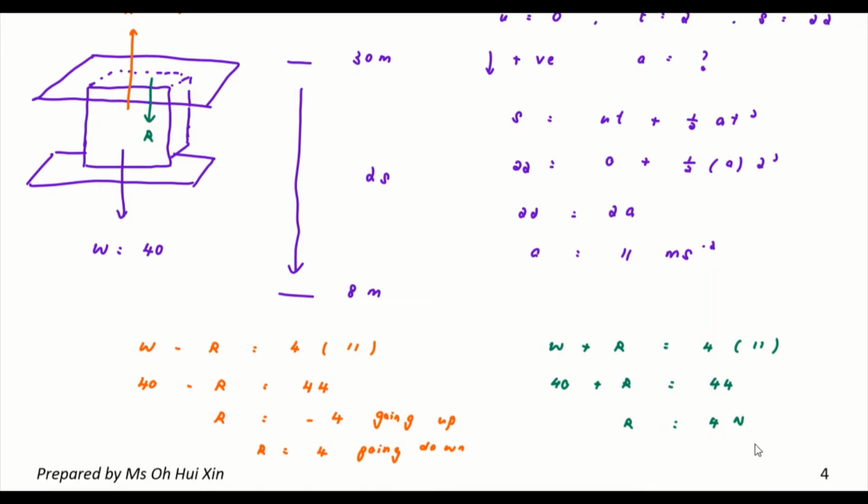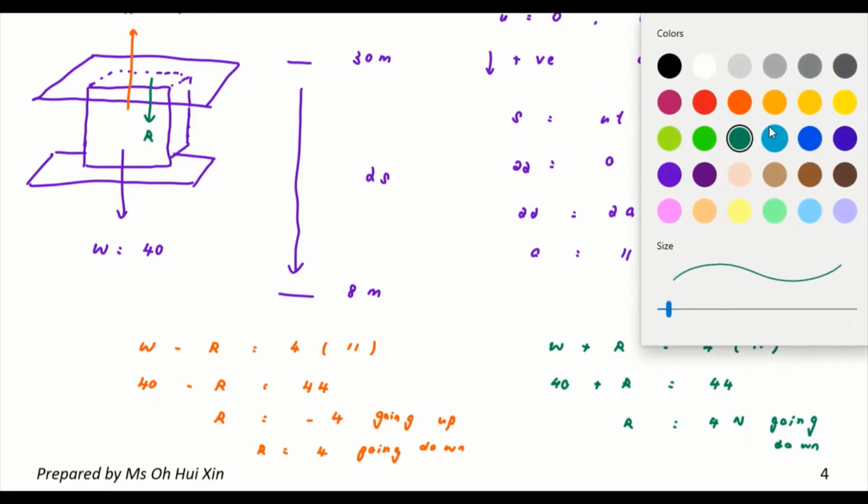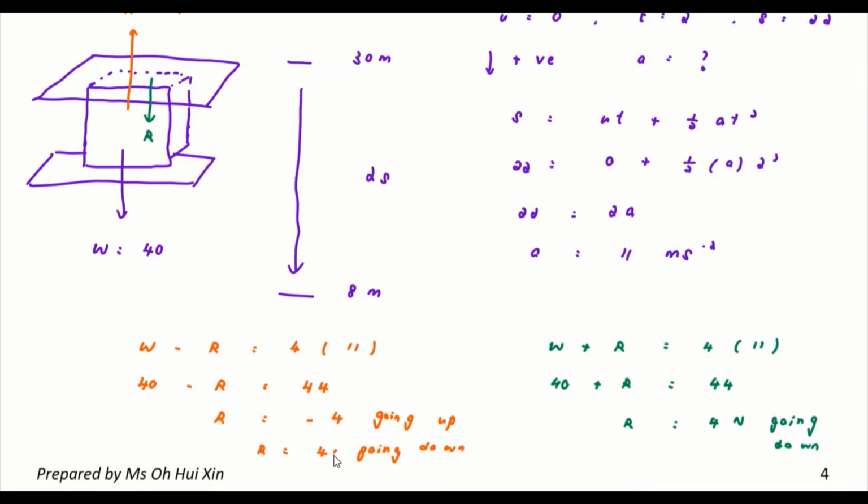This is going down, right? So you can see both of these approaches give you the same answer. It's just that one is negative going up, so you change it to +4 going down. The other one you can straight away get the answer by having a positive answer, then it's in the correct direction.